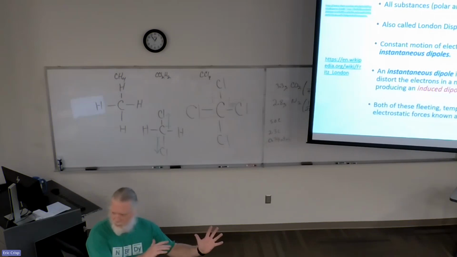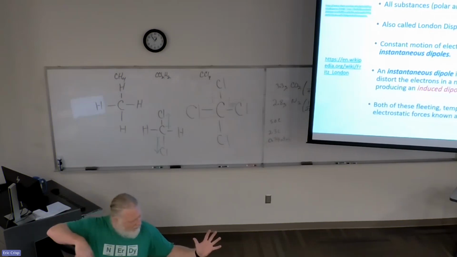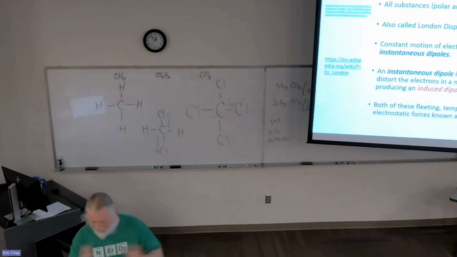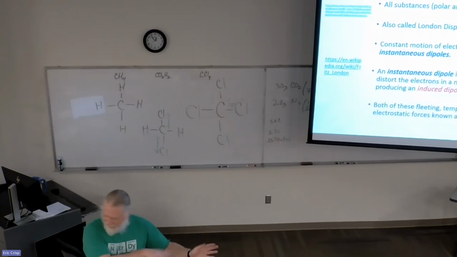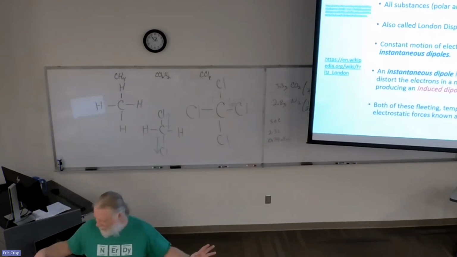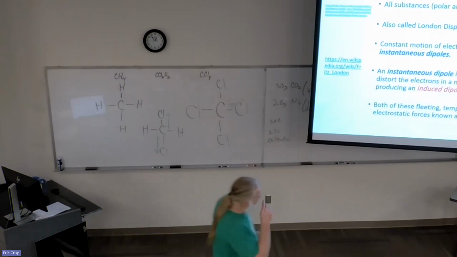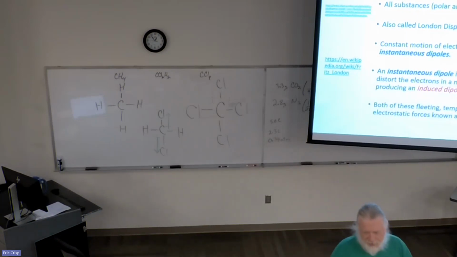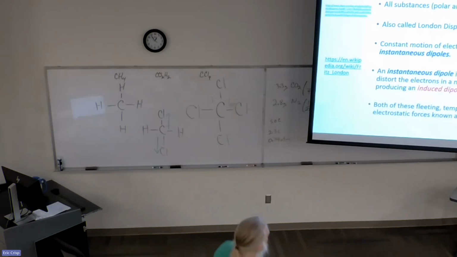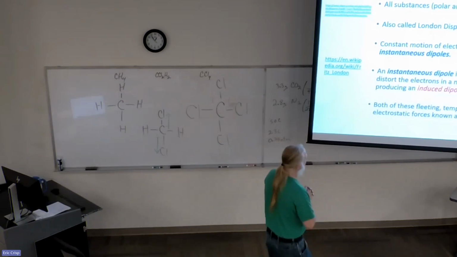Sometimes they slosh more this way, leaving a little positive area. And sometimes they slosh back the other way, leaving a negative area over here. That's not real. It's really a probability function distribution, but you don't need that at the freshman chemistry level. You can think of it as electrons sloshing around.